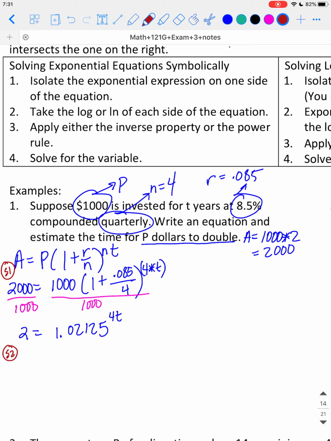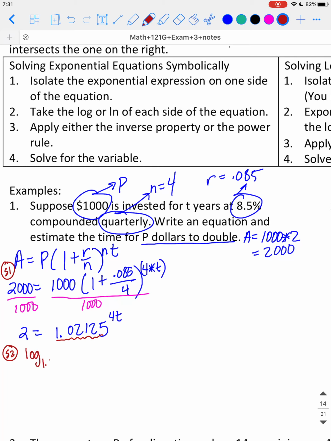So for step 2, in previous notes, I would say take the log or ln of the base that you're using. So this is the base that we have right here.